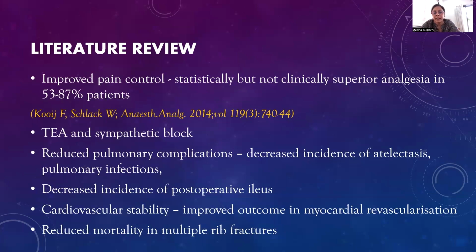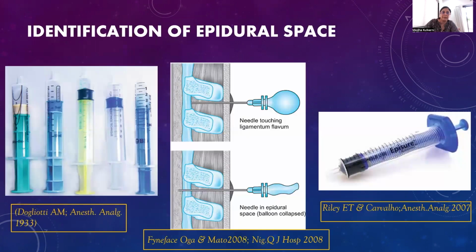There's decreased incidence of atelectasis and pulmonary infections. Similarly, in multiple rib fractures, because of the superior analgesia, there's reduced mortality. Thus, it has a lot of clinical applications and has always been the gold standard for analgesia in all thoracic and lumbar procedures.